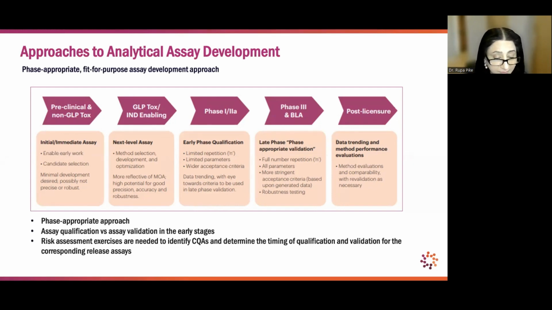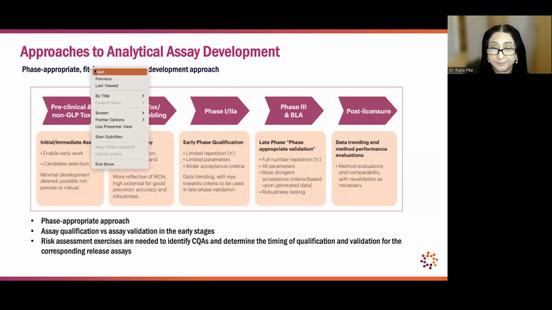And the last one on the right side, the post-licensure activities, they require data trending and method performance evaluations, comparability, and revalidation as and when necessary. It is important to note that risk assessment exercises are needed to identify the critical quality attributes and determine the timing of qualification and validation for the corresponding release assays. Next slide, please.